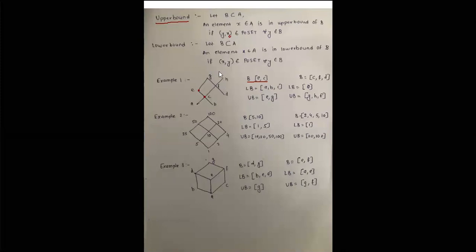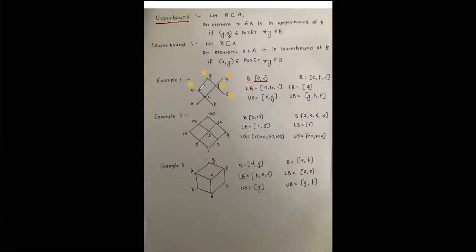From this diagram, G is present on the upper side, H is present on the upper side, F is present on the upper side, and D is present on the upper side of these two elements. E can also participate in this relation. So the definition says we want to find X such that the ordered pair (Y, X) belongs to the poset.